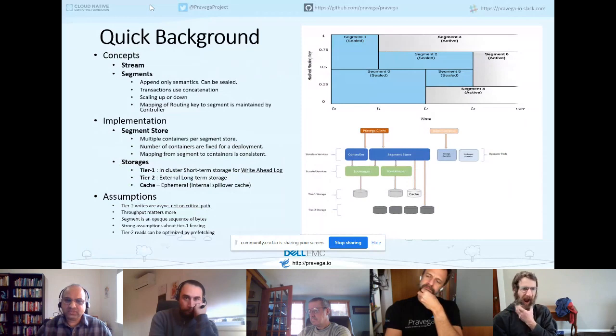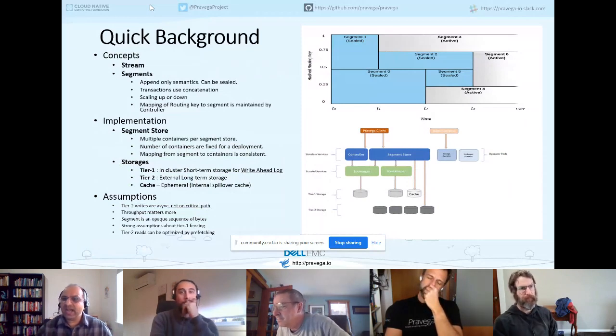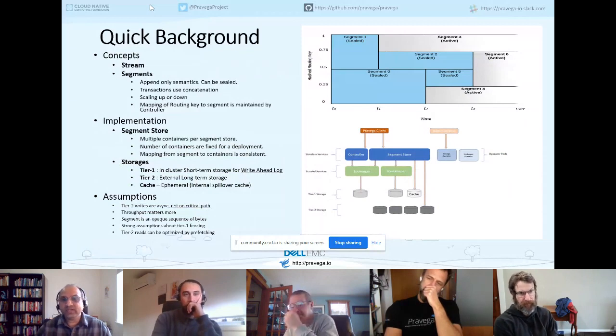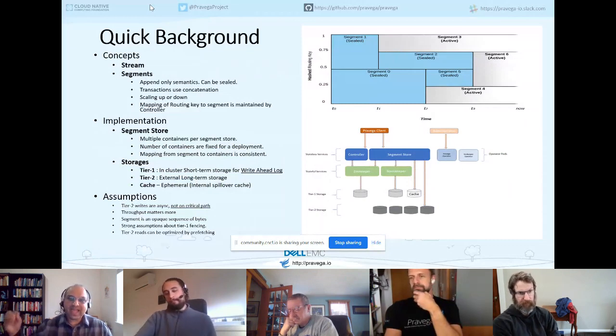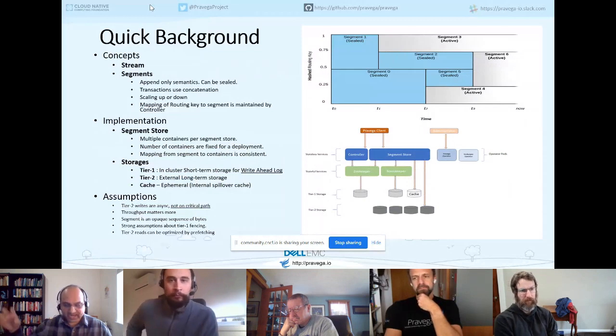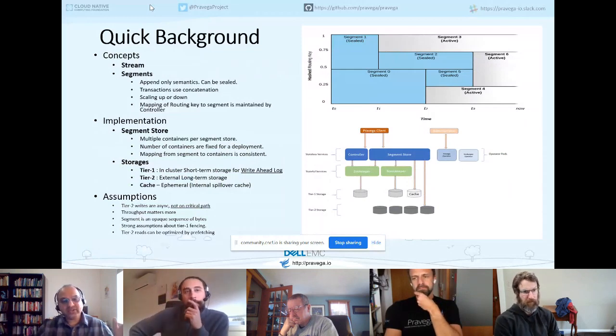As time progresses, we might add more segments, or we may merge multiple segments. The fundamental thing to remember here is a stream is composed of segments. The best way to think about segments is just a stream of bytes. Segments can be added to at the end, and they can be truncated at the front.